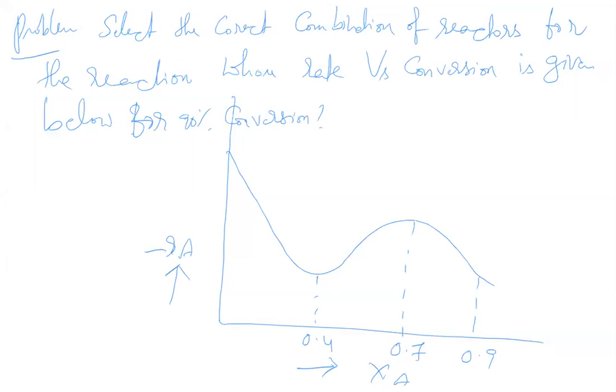So basically the question is, if you want, let's say, 90% conversion, should you select CSTR, PFR or a combination of reactors? How do you select?